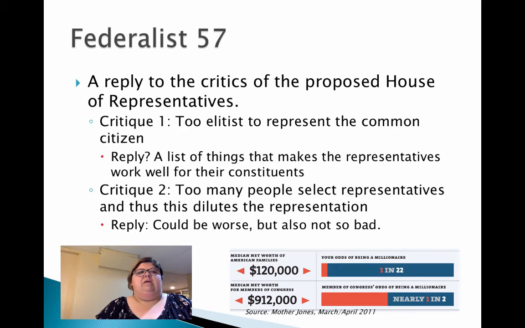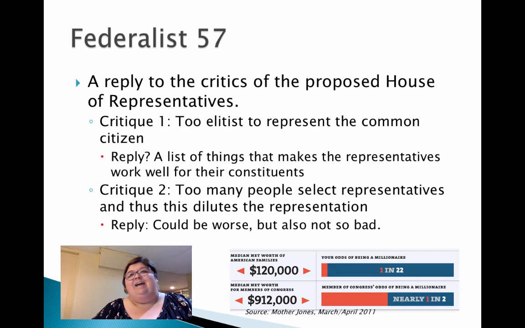Sure, they might be rich people that choose them. There might be poor people that choose them, but they will represent all the people because all the people choose them. It's kind of a really odd argument, but in other words, because you are elected, you won't be elitist. You're not going to act in an elitist way.